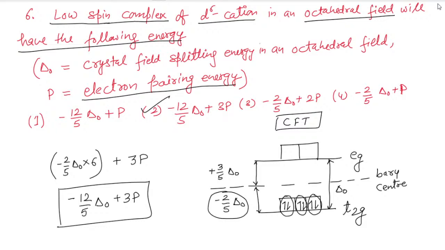Okay, so 3 into P. Total electron pairs are 3, and electron pairing energy per pair is capital P. So plus 3P. Okay, so this is question number 6. So see, if you have any doubt, please do ask anytime.